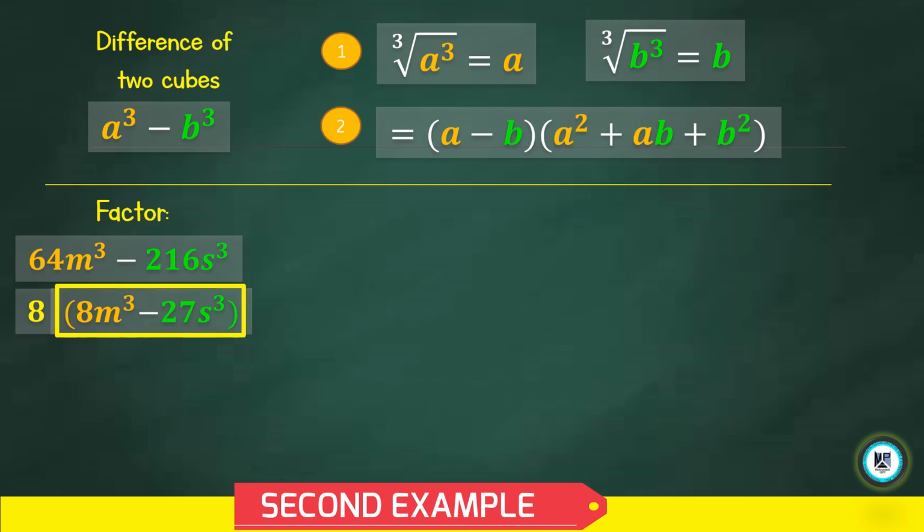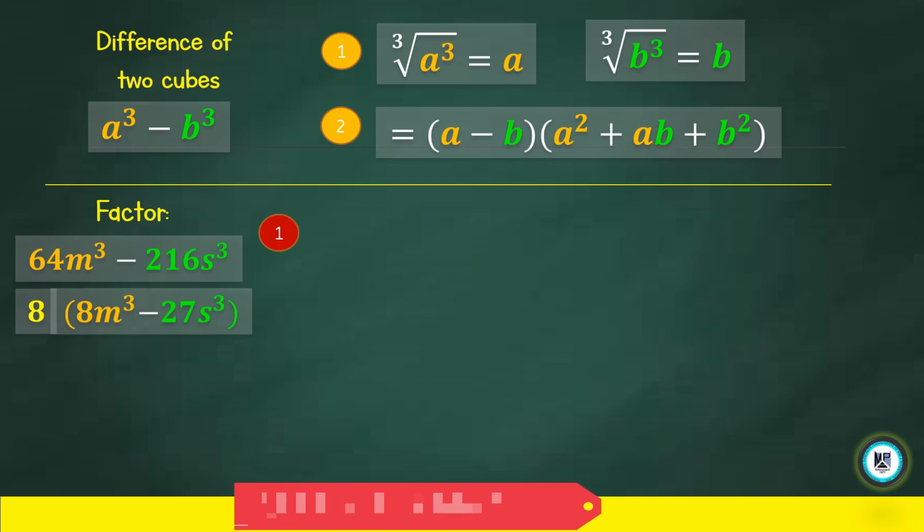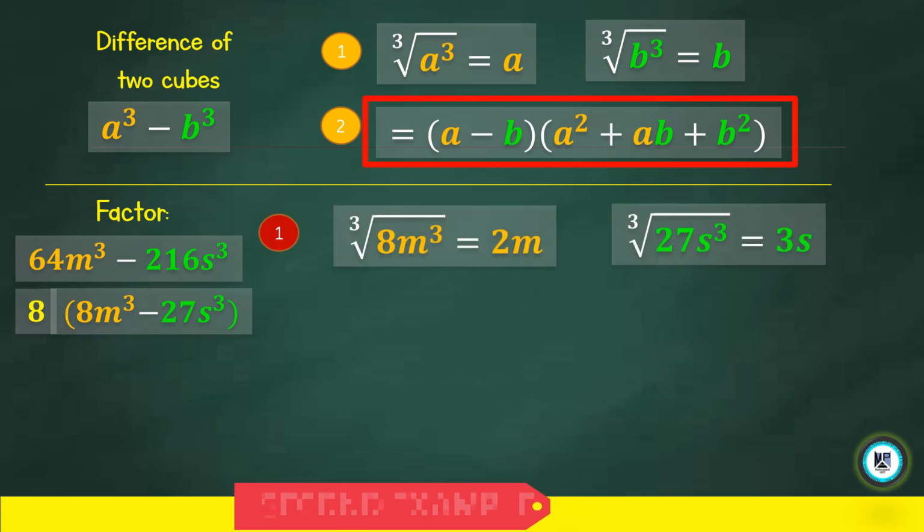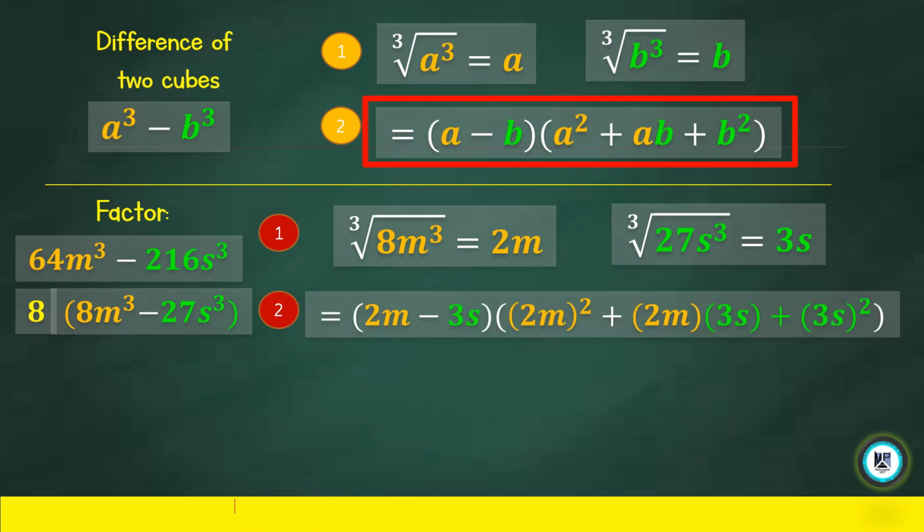Then we proceed with the steps in factoring difference of two cubes. To factor it, we get the cube roots of the two terms, and we follow the pattern indicated on top. We have the product of 2m minus 3s and the square of 2m plus the product of 2m and 3s plus the square of 3s.